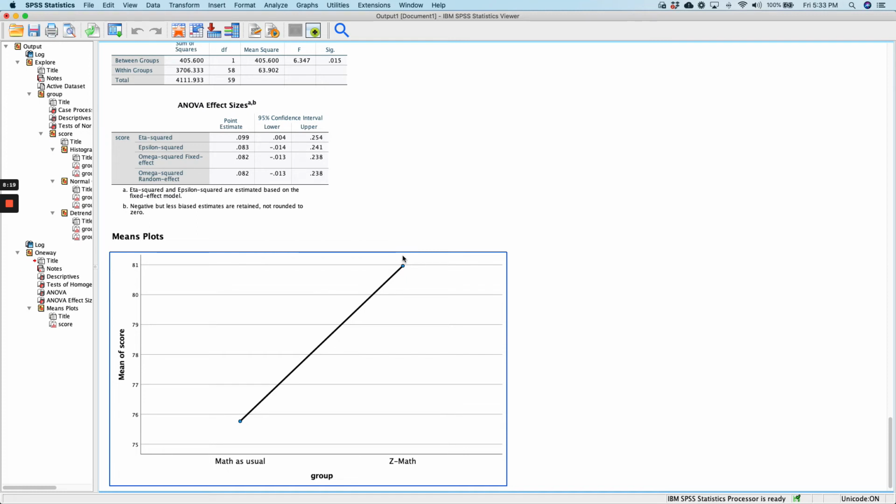For example, maybe the random distribution process unexpectedly routed more math-smart students to the ZMath group. Maybe the class clown was routed to the math as usual group and created amusing distractions during the lessons or the test. Maybe the members of the math as usual group held slumber parties where the ZMath students were not invited and there was very little slumber.